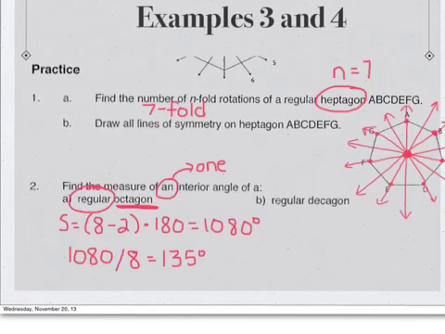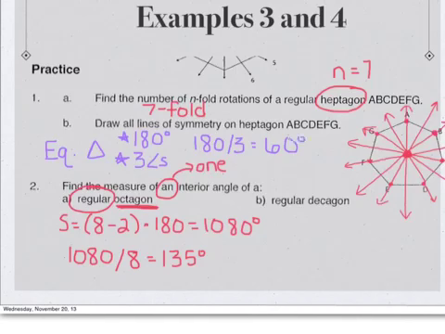If I tell you I have an equilateral triangle, which is a regular triangle, and I want to know the angle measure, well, you know that there's 180 degrees total, and you know that there's 3 angles. So you would take that 180, divide it by the 3, and that's how we know that in an equilateral triangle, all 3 of the angles are always 60 degrees. That's the same process I just did, just with a bigger shape.